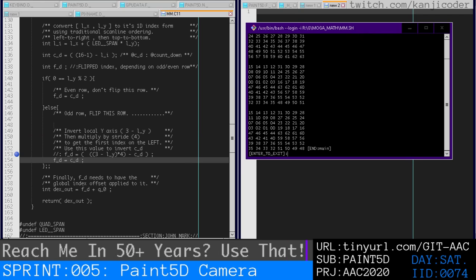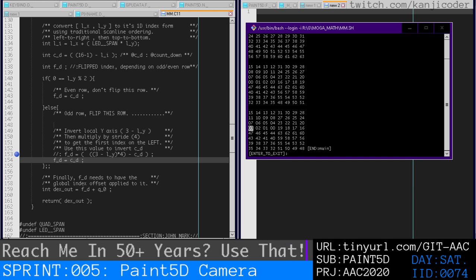So what we want to do is invert that, right? I thought it would be LY. 0, 1, 2, 3, right? So LY, but then we're going to flip it.